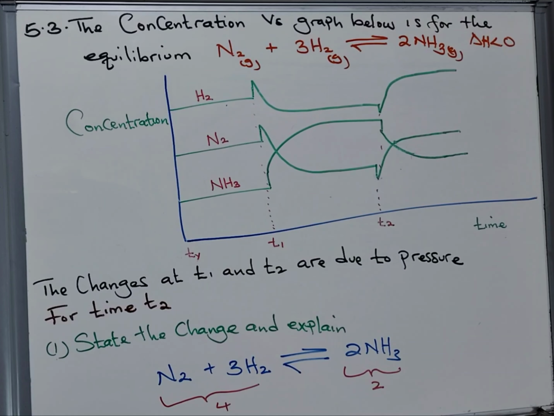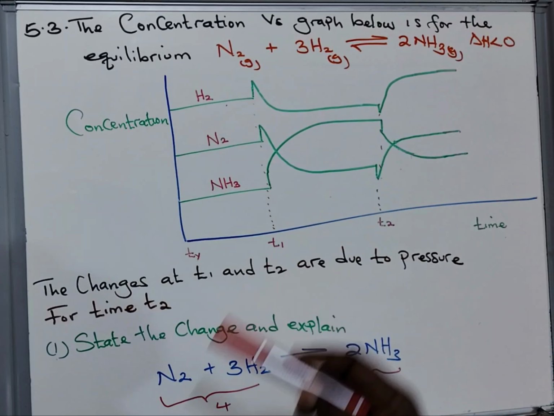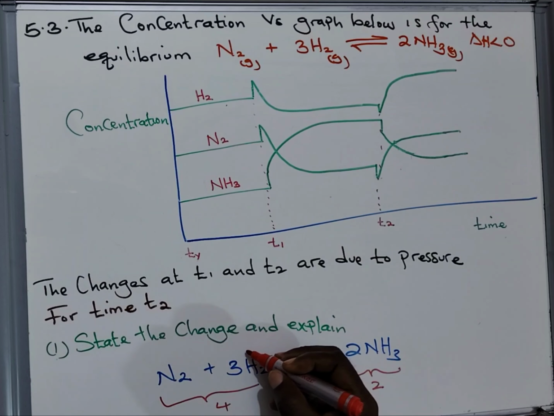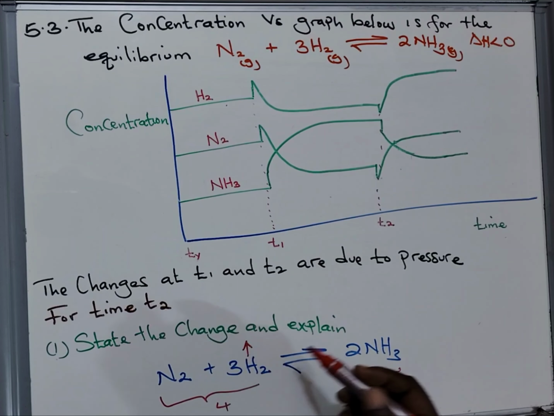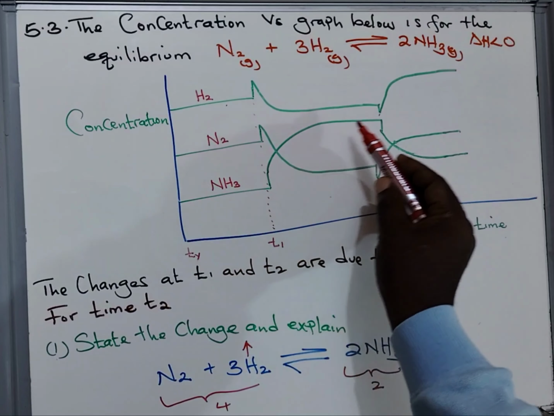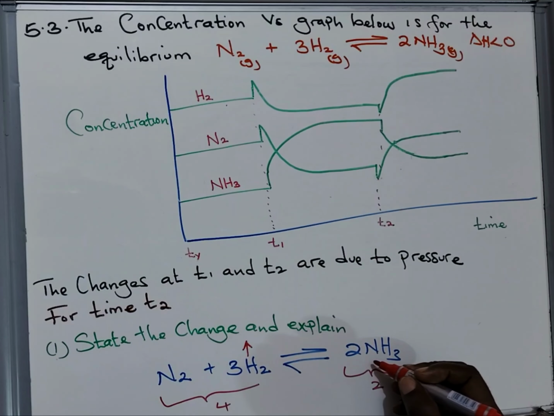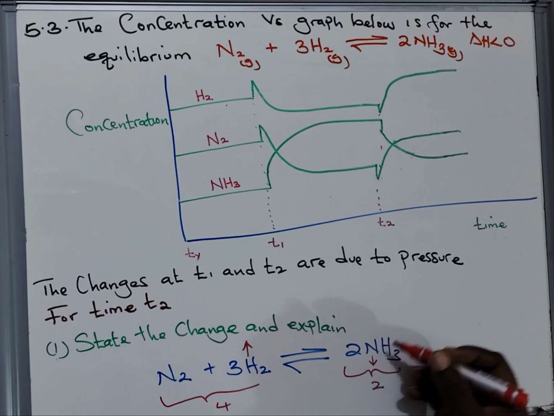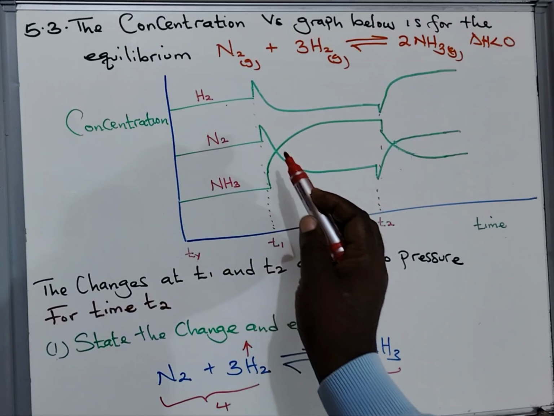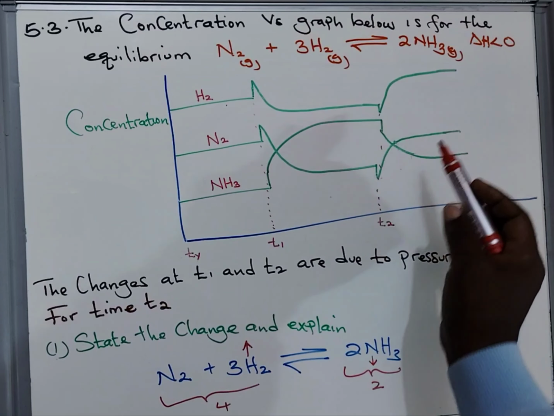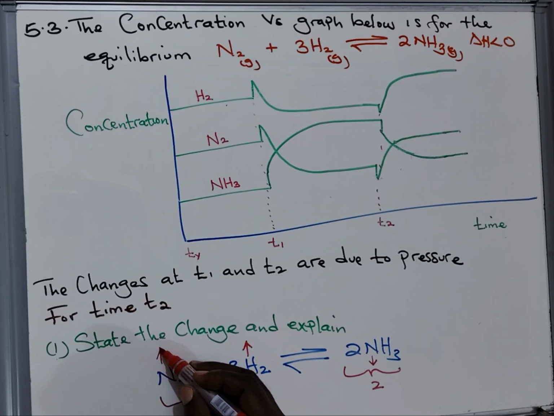After that, you indicate the changes here. Hydrogen, it increased. So indicate it here. What happens to ammonia? It decreased. So you indicate it here. What happened to nitrogen? It increased.